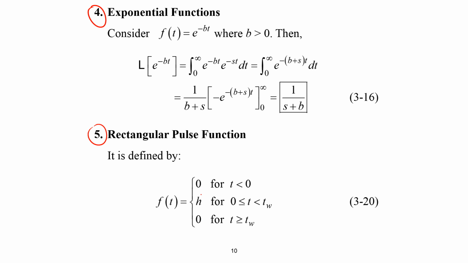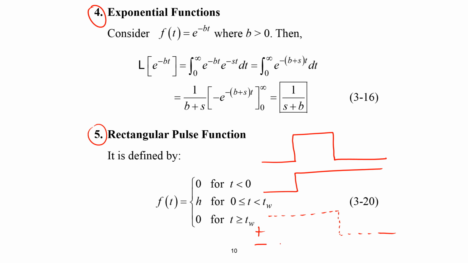This is just a combination. For example, if you have something like this, you can really think of that as a step up, and then after a little bit of time, you're also going to have a step down, and you're just going to add those two together to get your rectangular pulse. So this might be, for example, 1 over s, and this one might be 1 over s e to the negative theta p s.